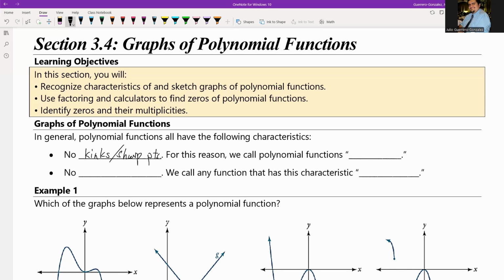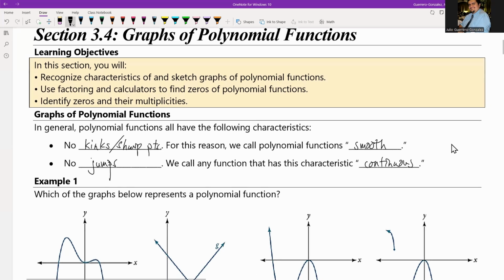This is something you're going to hear when you get to calculus: we call them smooth functions. The next nice thing is that polynomial functions have no jumps. This is another term you're going to learn in calculus: polynomial functions tend to be continuous.